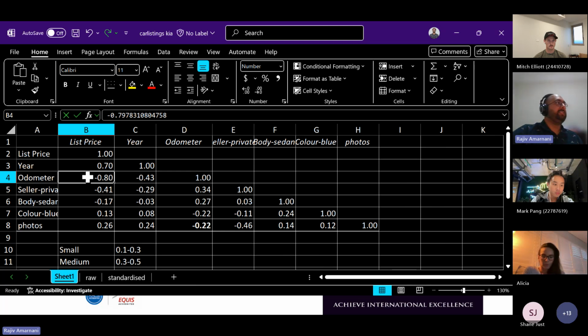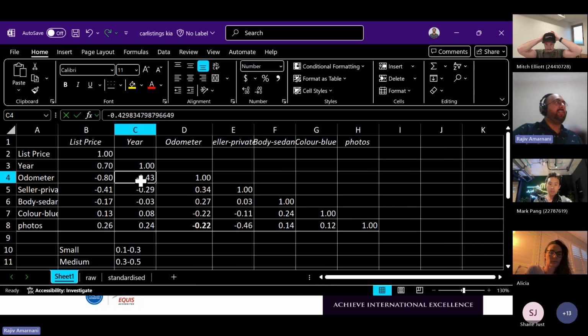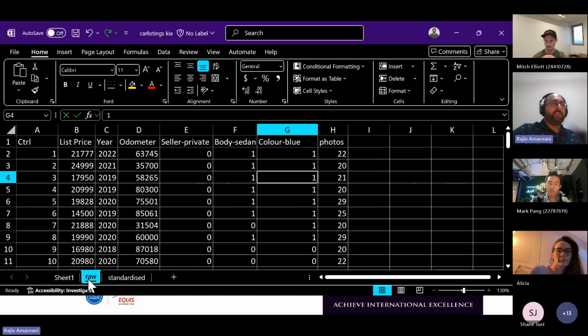That makes reasonable sense. But fortunately, amongst the predictors, nothing seems to be correlating too highly, other than, of course, cars that are newer have less usage on the odometer. This makes sense. Yeah, this is perfectly reasonable. Okay, so we now have our correlations. That's good. Yeah, fairly straightforward.